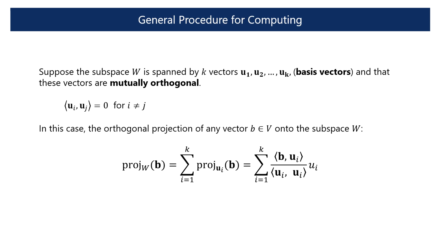Suppose the subspace W is spanned by k vectors u1, u2, ..., uk, and that these vectors are mutually orthogonal. In this case, the orthogonal projection of any vector b in a vector space V onto the subspace W is given by this formula.